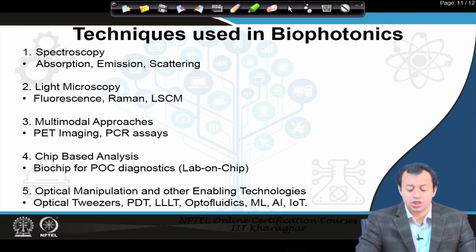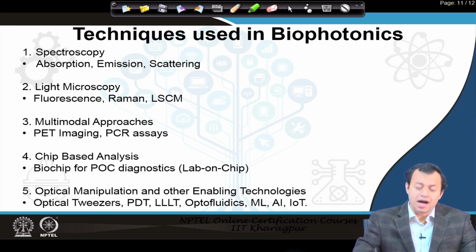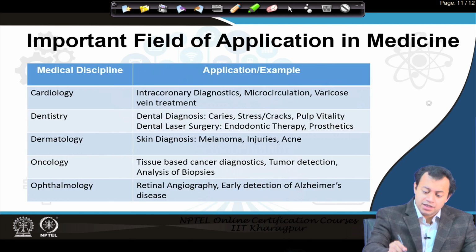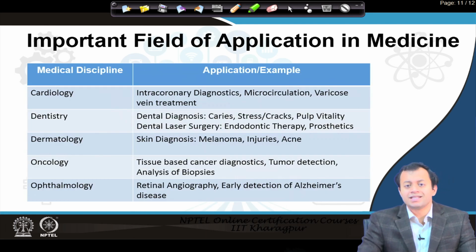All of these things are coming up very rapidly in biophotonics. It's a very advanced field and lots of exciting new topics are being generated.